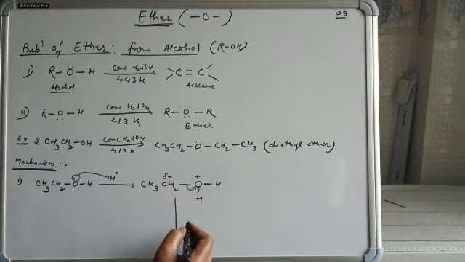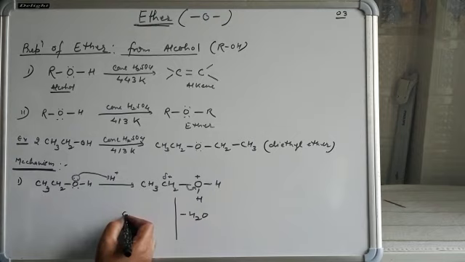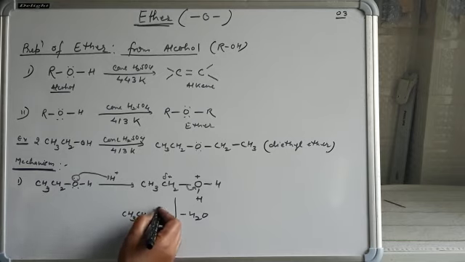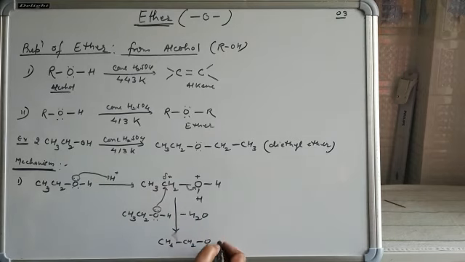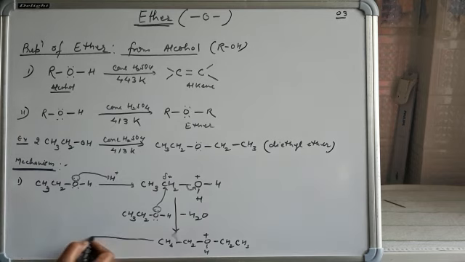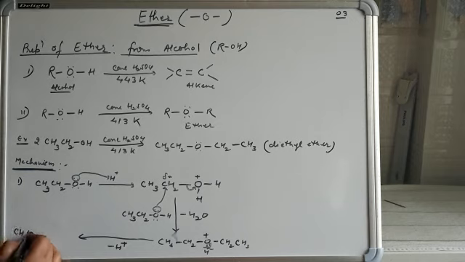Now the second unit of alcohol gives its electrons to this carbocation, so this compound forms, and at last oxygen pulls the electrons towards itself and hydrogen is removed, and diethyl ether is formed.